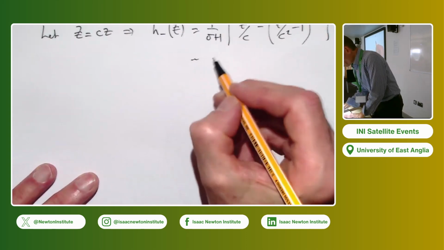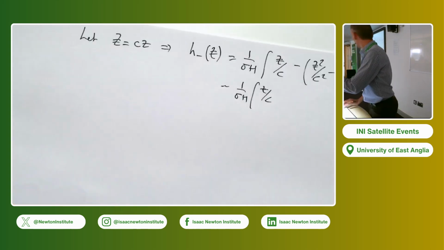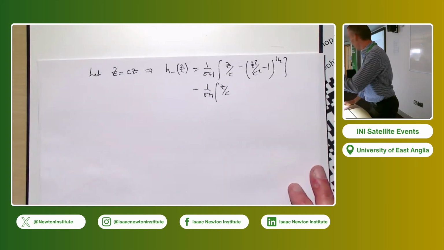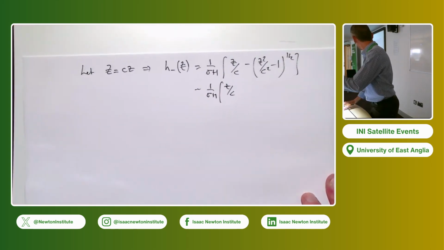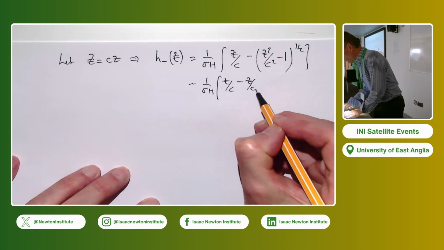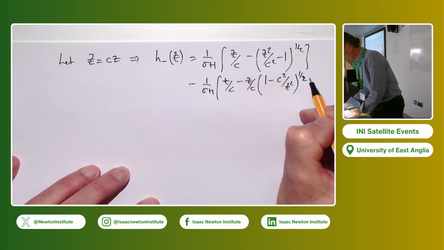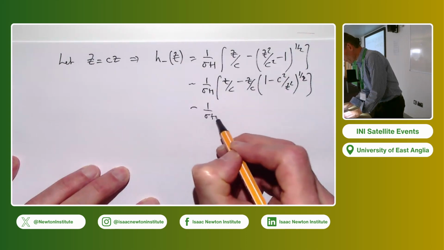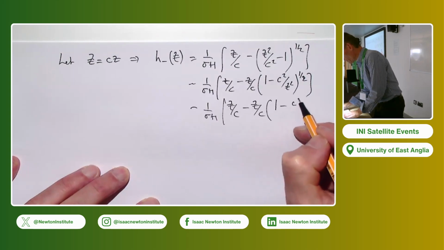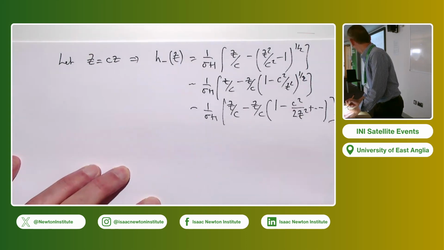And as I just showed you, if you just expand all this out, I think I must have changed the magnification. There we go, that's a bit better. Then I take out that capital C over C. Got 1 minus C squared over Z squared to the half. I do the binomial expansion again. I get Z over C times 1 minus C squared over 2 Z squared, plus lots of other things that get smaller.